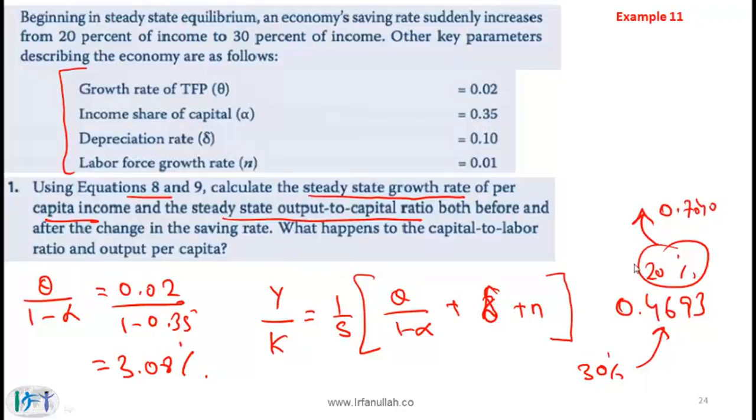So notice that with the increase in saving rate from 20% to 30%, we actually have Y over K, which is output per capital, going down from 0.7040 to 0.4693. So essentially the productivity of capital is going down when we have more saving and more investment.